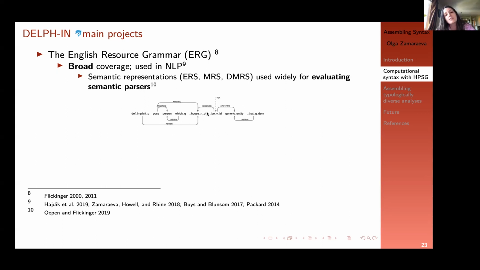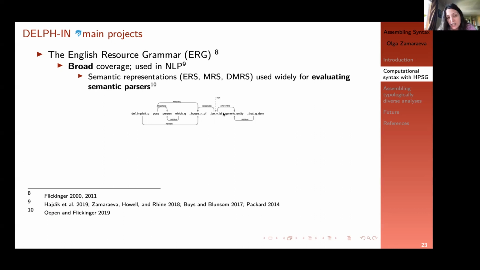like these ones. This is just a sample dependency graph, which was compositionally produced off of a syntactic tree, which was in turn automatically produced by the ERG. And this is a very robust and systematic way of obtaining dependency graphs for sentences.